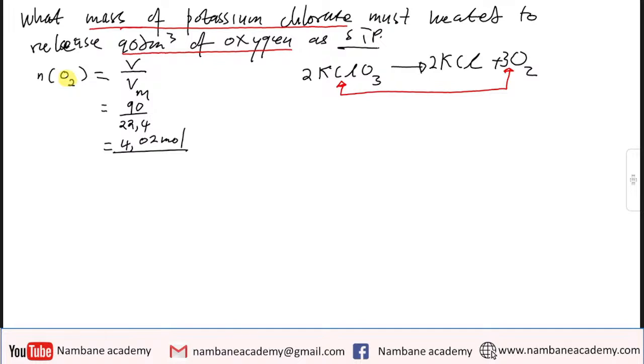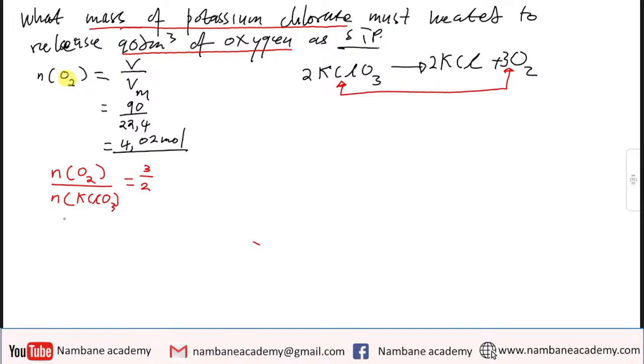So when I want to do that, I will say the number of moles of O2 over the number of moles of KClO3 is equal to 3 over 2. Where do I get this 3 over 2? From the balanced chemical equation.